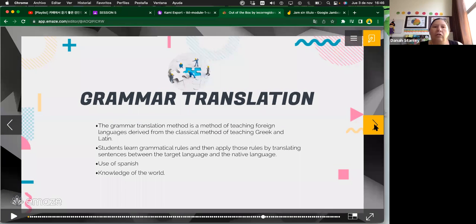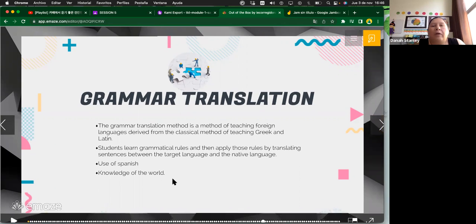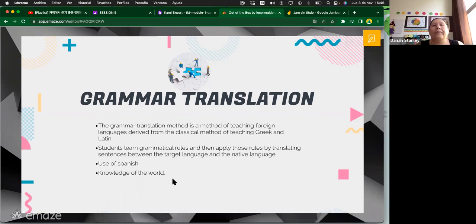All right, so now let's go with grammar translation. The grammar translation is not for all the students. They need certain knowledge of the world, experience with the language. They need to be proficient or almost proficient in L2, and they need to have a certain management of Spanish in order to recognize different elements in the grammatical structure.